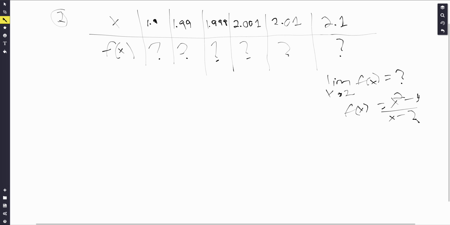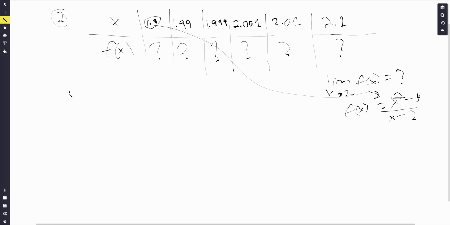We can see from the table that we have values that are really close to 2. So all we have to do is plug in each of these values into this equation right here. Plug in 1.9 and solve, plug in 1.99 and solve, and you'll find that f of x gets really close to a certain value.